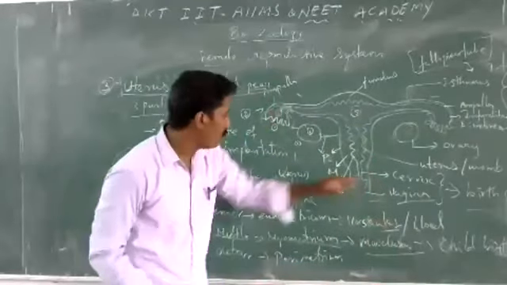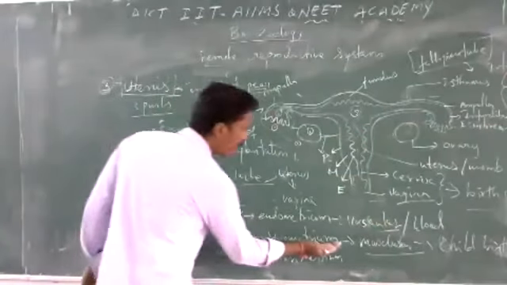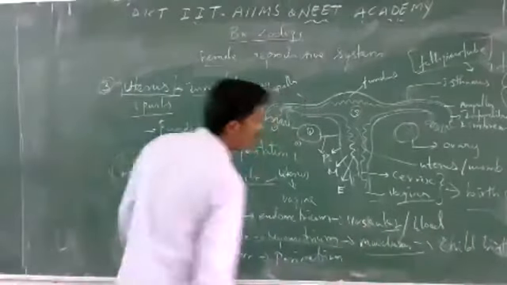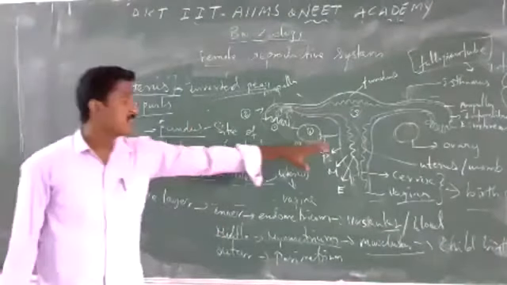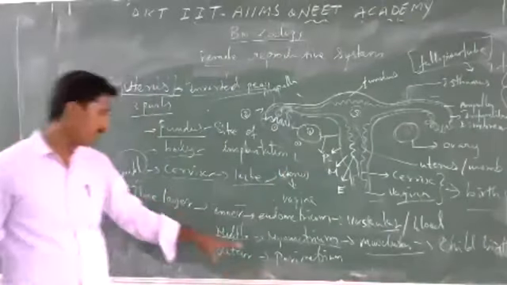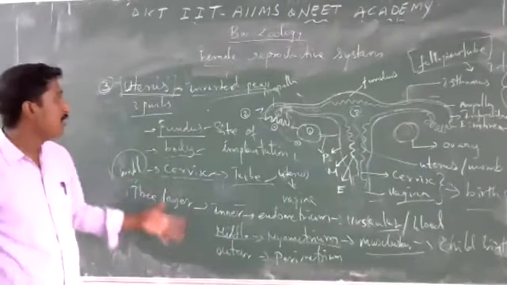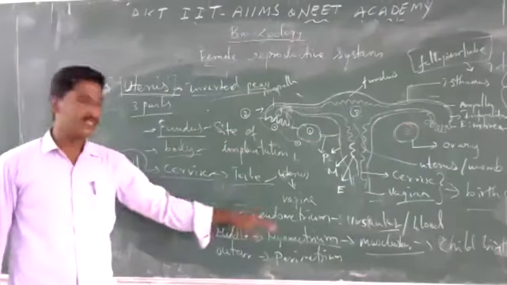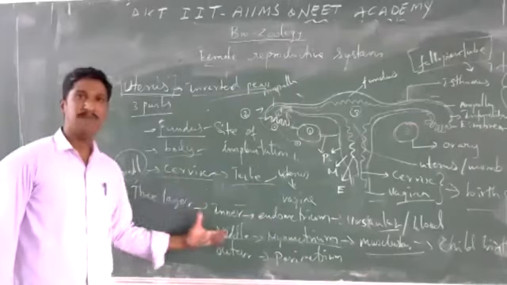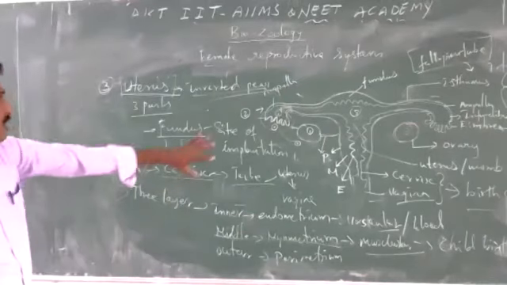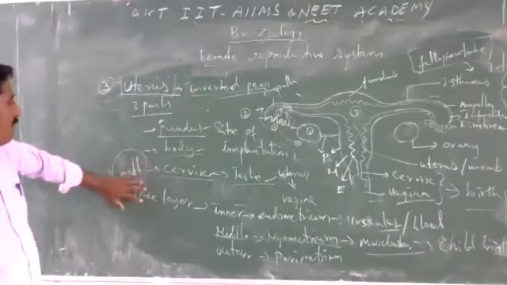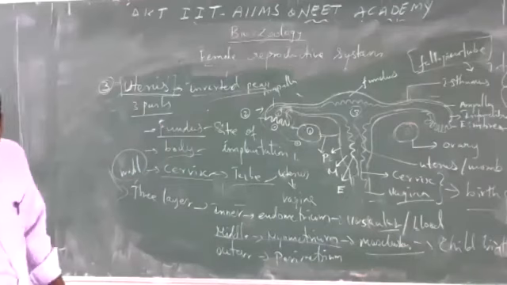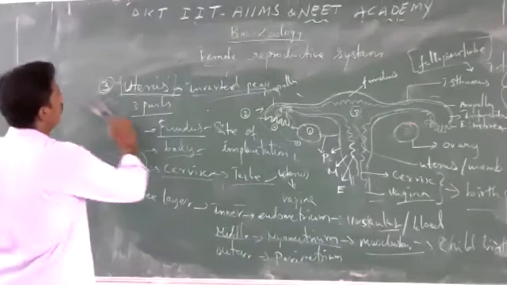So the myometrium is the most important layer in the wall of the uterus. And the uterus is one of the strongest muscles in our body. So these are the structure of the uterus, its layers, and the three parts of the uterus. Then next step.